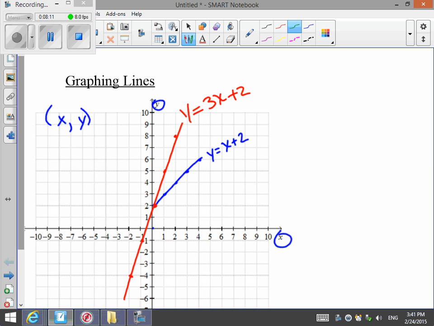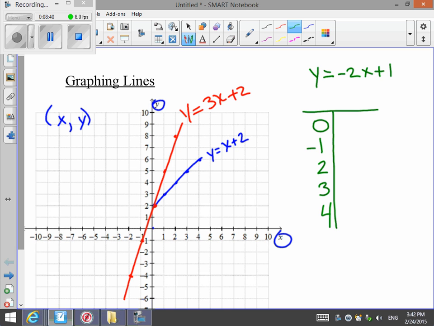I'll make my equation line y equals negative 2x plus 1. Pick my values. Again, I will usually determine the values for you, and sometimes I'll just do it to keep you out of the way of the other graphs.